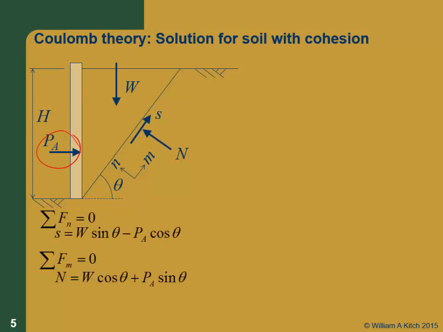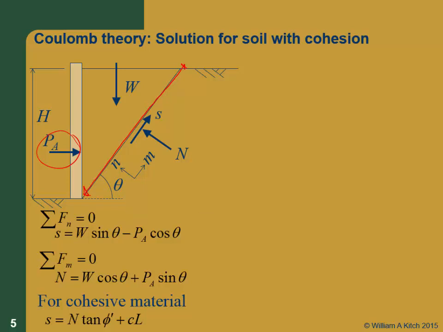So if we have cohesion, I've got the same equations for the summation of forces here, but for the cohesive soil, the shear force is now equal to N tan phi plus C times L, where L is the length of the surface here, right?